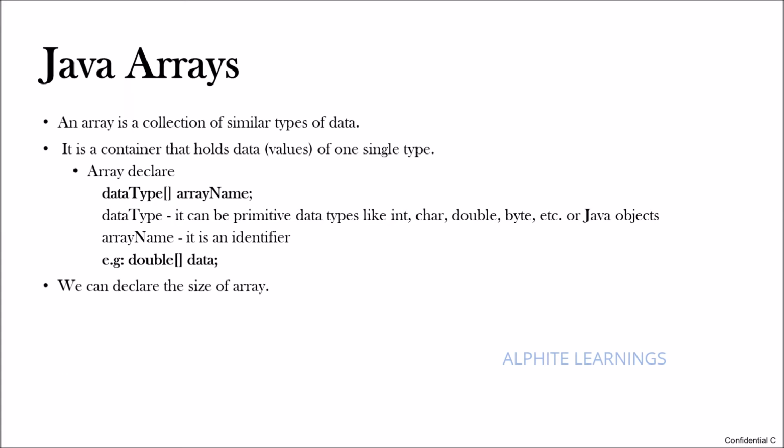Okay, and one more thing is we can declare the size of an array. For example, like I said earlier, if you are doing a mark list for your class, and you know how many students are going to come, then you can just give the size.